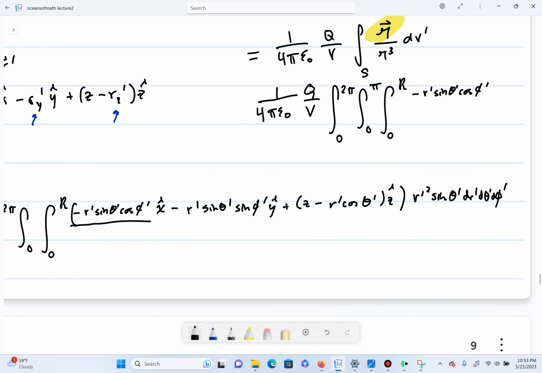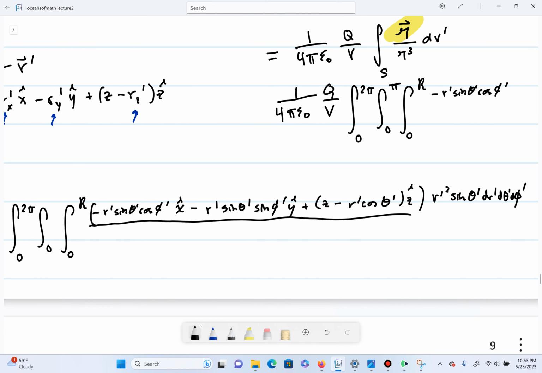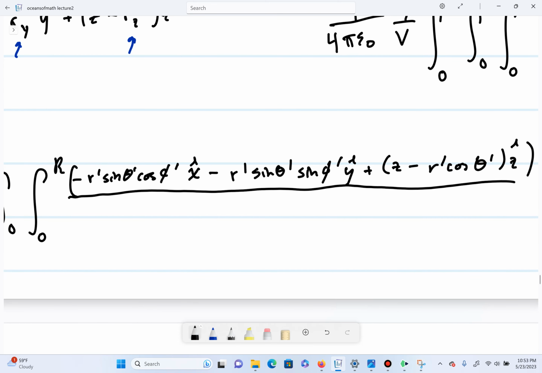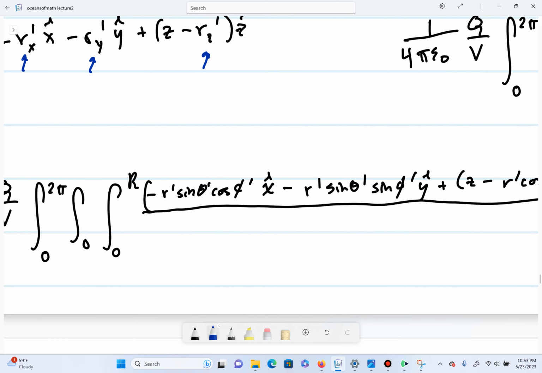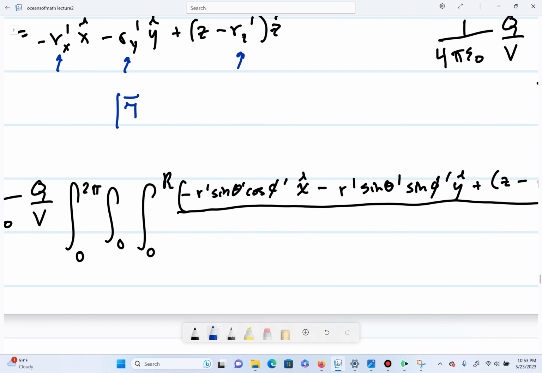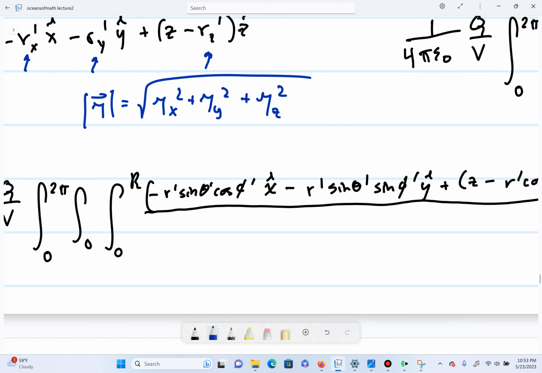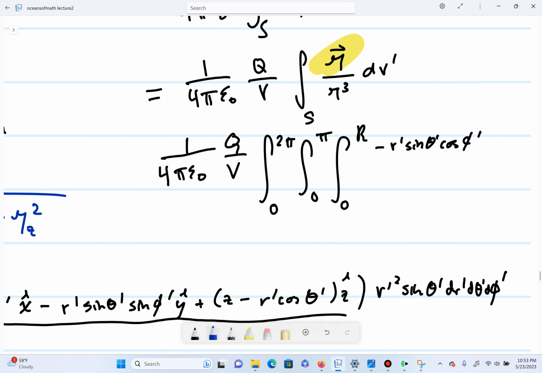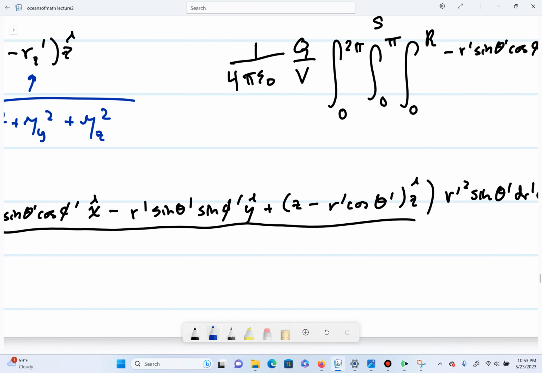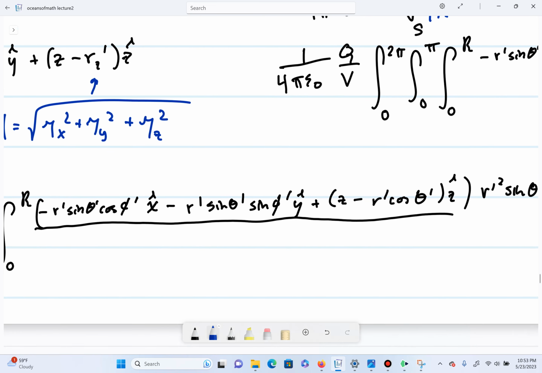And then finally, we're dividing by the magnitude of r cubed. Now the magnitude of r is just the sum of the squares of its components, and then we take the square root. So the magnitude of r is the square root of rx squared plus ry squared plus rz squared. And really this bottom piece is the magnitude of r cubed, where r is just the vector I've written in the numerator here.